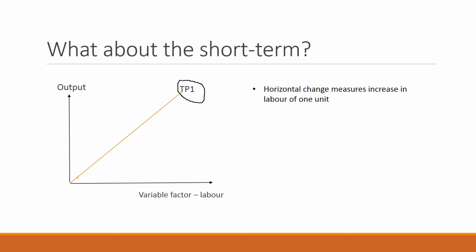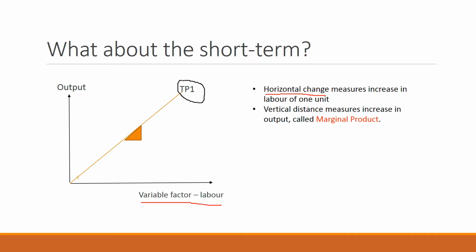In this case, what happens? Well, we're going to be looking at the horizontal change, which measures, looking at the horizontal axis here, an increase in labour unit by 1. In other words, let's say we add 1 more chef to the production team. So here we have the addition of 1 chef to our production team.